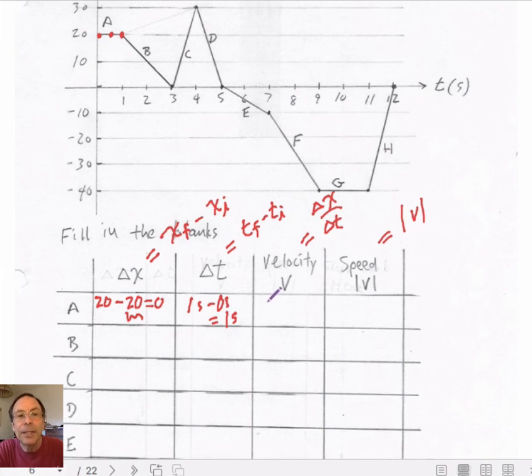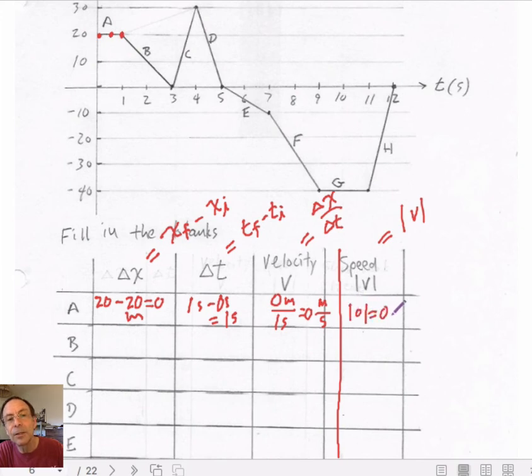The velocity is delta x, which is 0 meters over 1 second, so that's 0 meters per second. And the speed is going to be the absolute value of 0, which is 0 meters per second. Yeah, so that was boring. But B is going to be much more exciting.